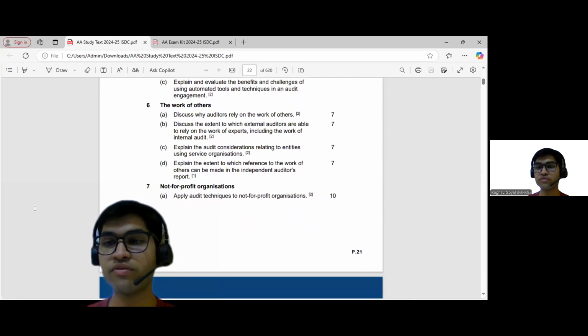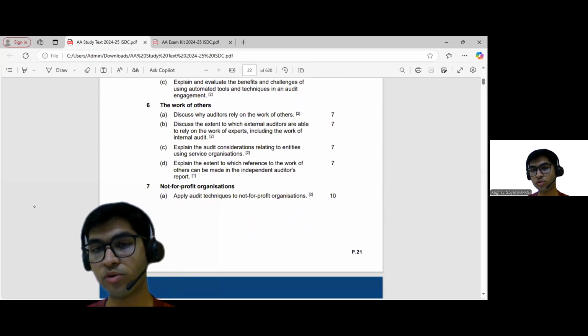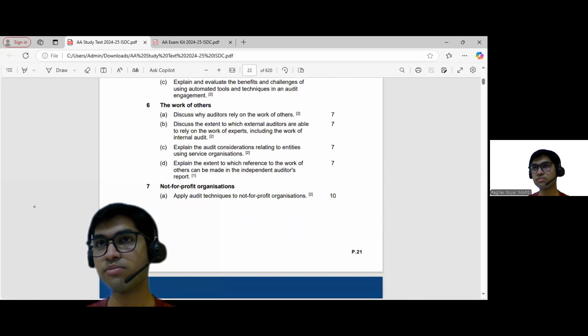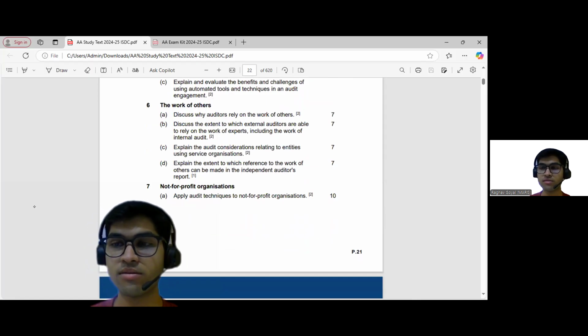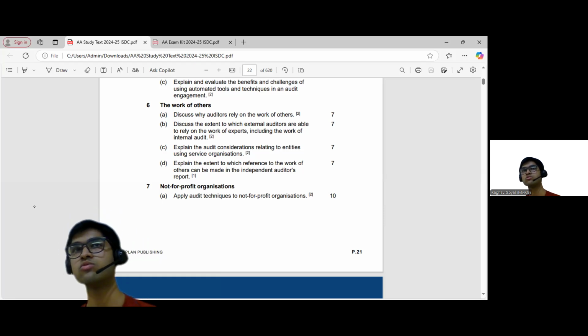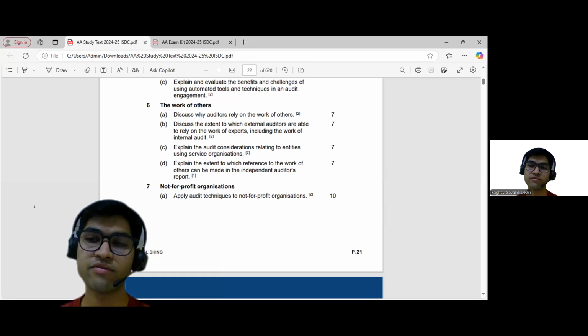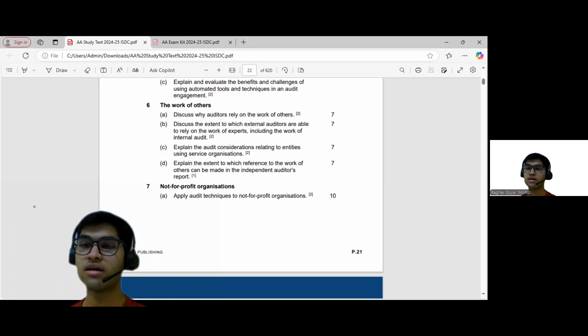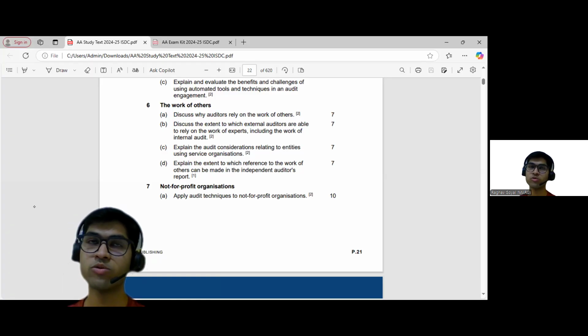Then there are a few different audit techniques for not-for-profit organizations, as profit is not the main focus. Their main goal is to see whether they have fulfilled the value for money criteria. There it could be efficiency, effectiveness, and economic value.